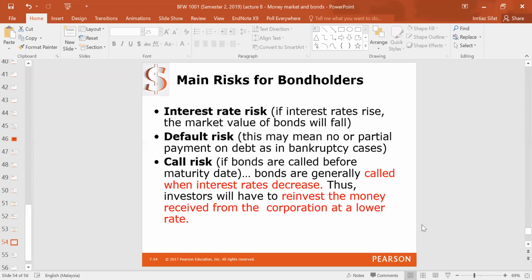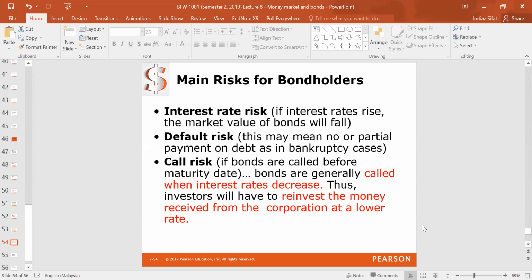But if interest rates go down, that would make their bond more attractive. But of course, we're not concerned about interest rates going down. That would make us happy. We are more scared that interest rates would go up. And in the case of a longer-term bond, the longer you hold that bond, the more risk you take on that interest rates would go up.